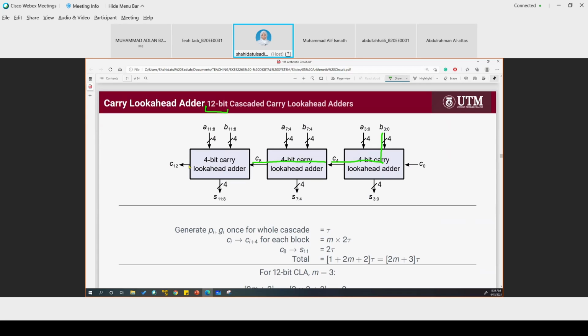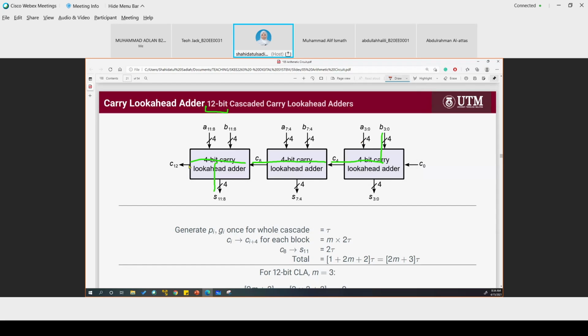And then the next block here has to wait for the C8 to calculate, and then to generate the S11, the MSB of the answer.